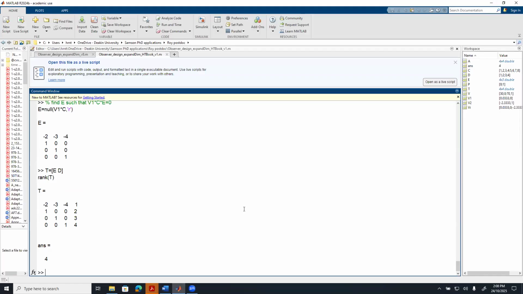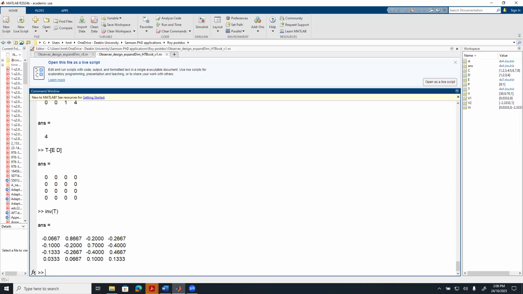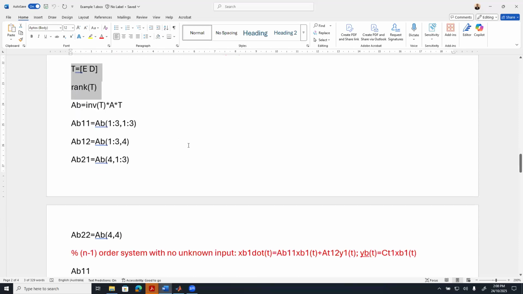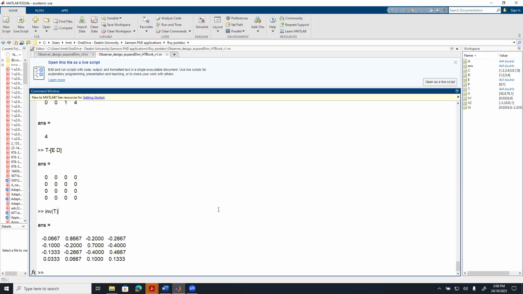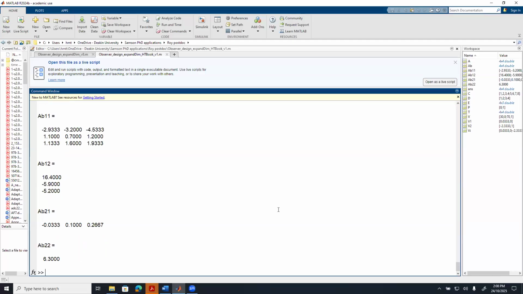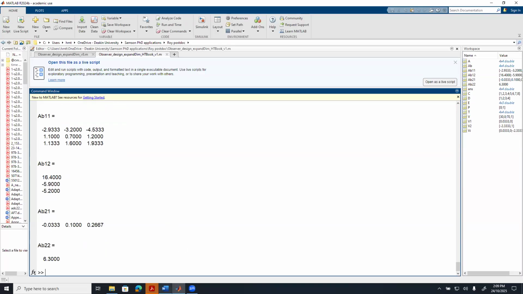There you go. So we got a matrix T, which is E and D. There's matrix T. And if I take the inverse of it, it should exist. And then we should be able to do the decomposition, and we should be able to obtain all the sub-matrices. So we obtain the sub-matrices A bar 1,1, A bar 1,2, A bar 2,1, and A bar 2,2.